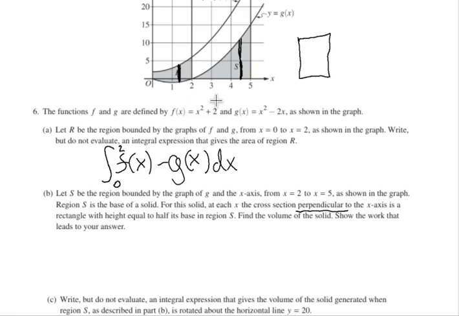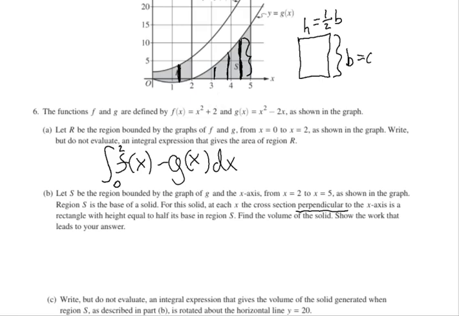And it's a square with height equal to its base in region S. So this distance is the base, corresponds to right here. That's the base. And then this would be the height. Now notice the base is also the distance from the graph of g to the x-axis, no matter where you put your slice.